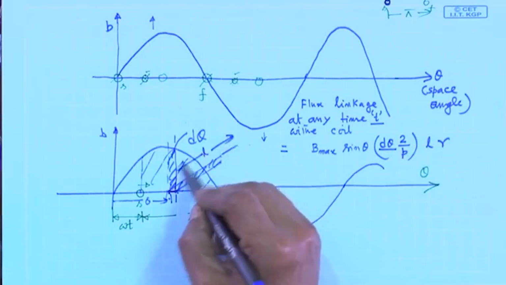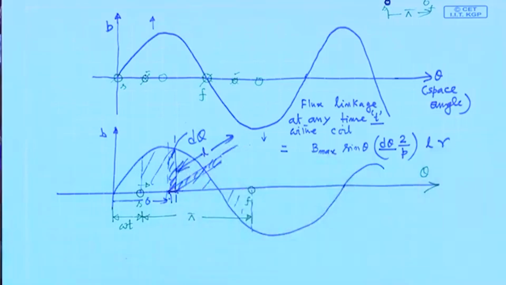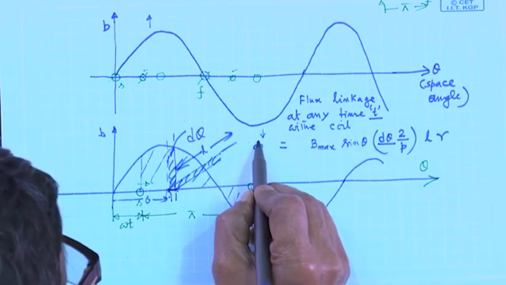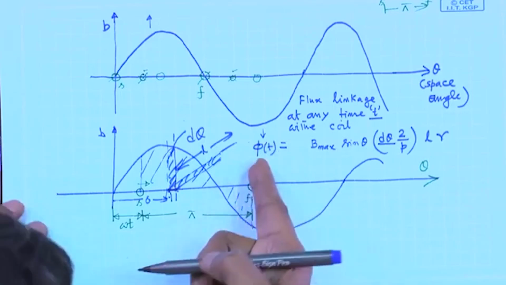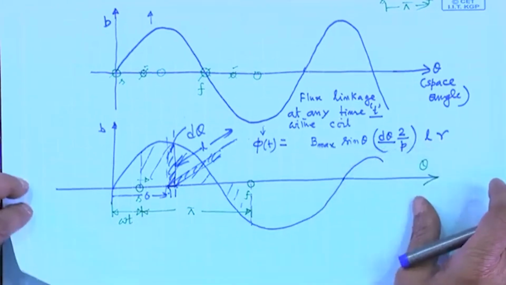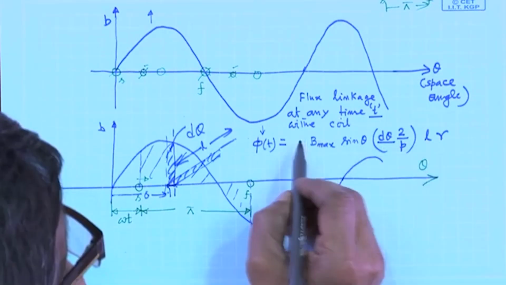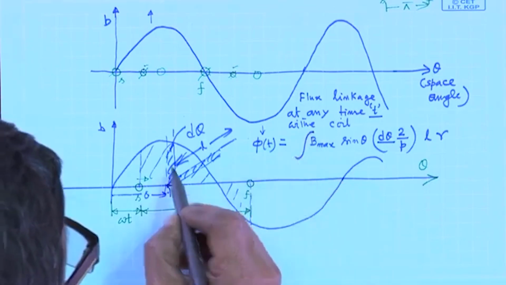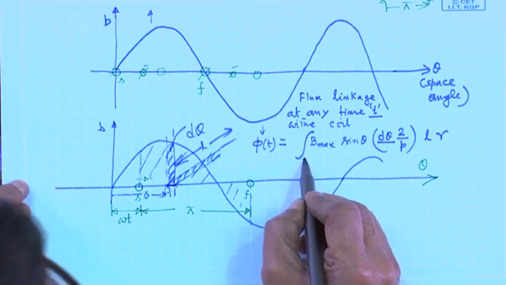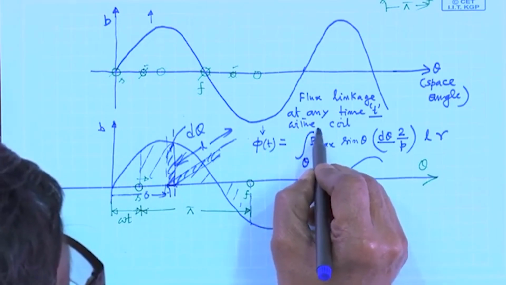So, this is like this, and this is the flux linkage with a single turn coil. It is like this, B max sin theta. So, for the flux linkage you have to calculate this whole area from what? Theta to pi plus theta.